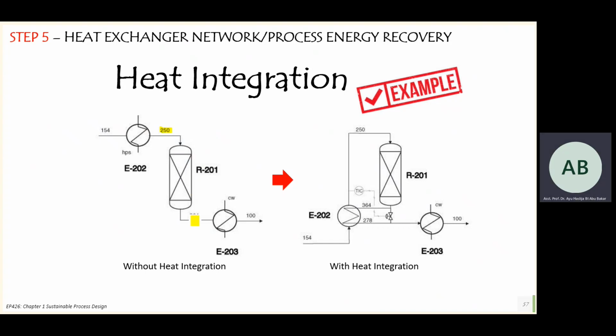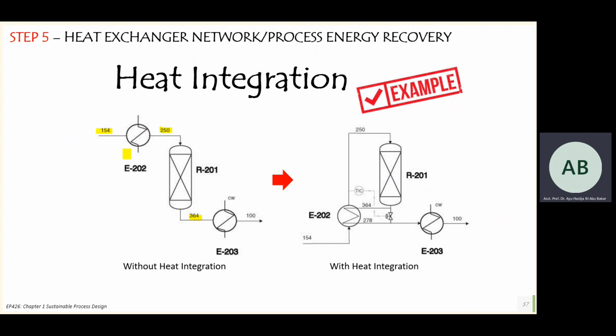Okay, 250, and the output temperature is 364. So the stream from the previous unit operation is at this temperature. So this stream needs to be heated up to 250.